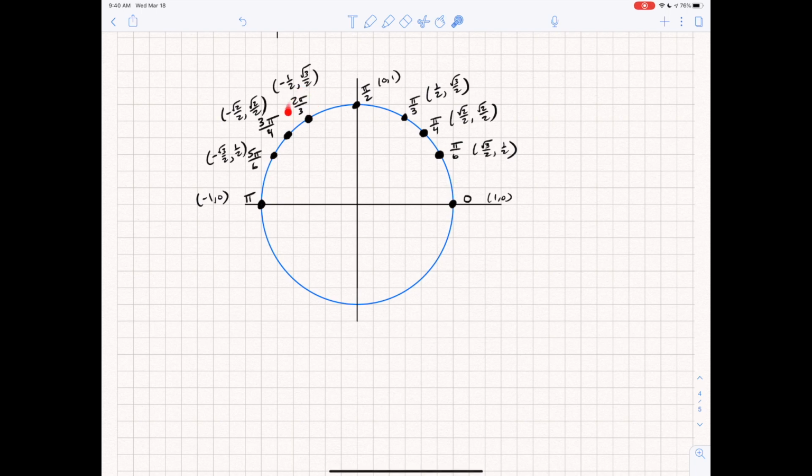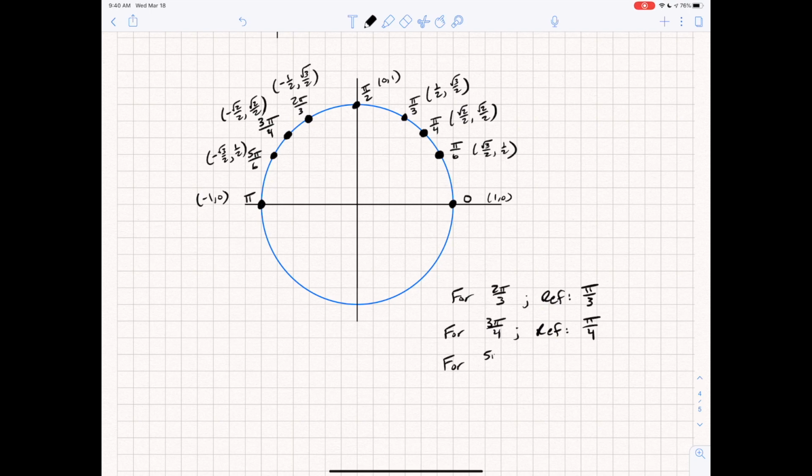Again, looking at 2 pi over 3, notice that the coordinates match pi over 3. The only difference is the sign, and that's because the triangles are the exact same, meaning for 2 pi over 3, its reference is pi over 3. Well, for 3 pi over 4, its reference is pi over 4 because of the symmetry.